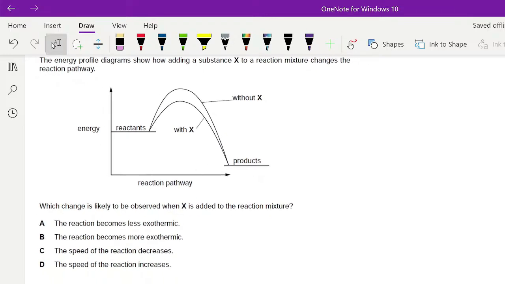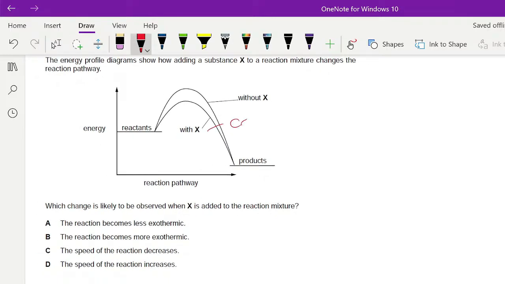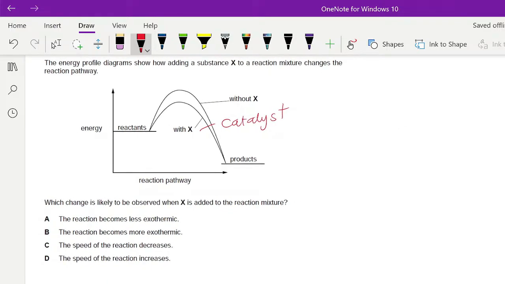Adding substance X to a reaction mixture changes the reaction pathway. So X must be a catalyst. Which change is likely to be observed when X is added to the reaction mixture? Is not becoming more or less exothermic. It doesn't matter. It will still be the same exothermic or same endothermic, because you see the energy level difference between the reactant and the product, it's still the same.